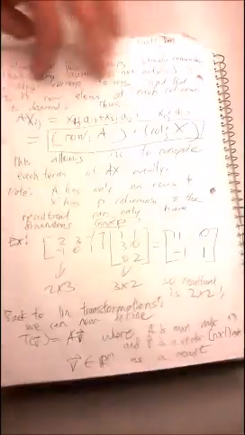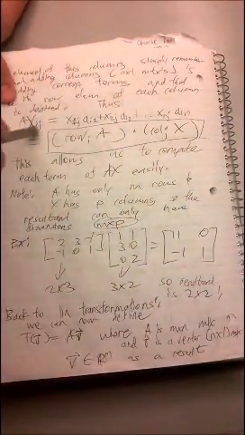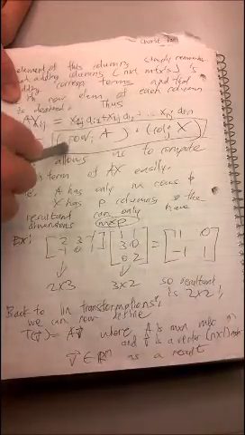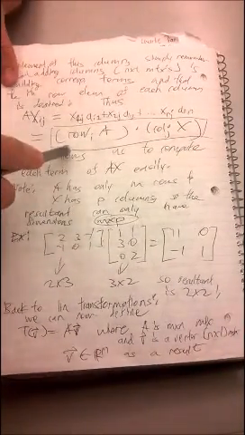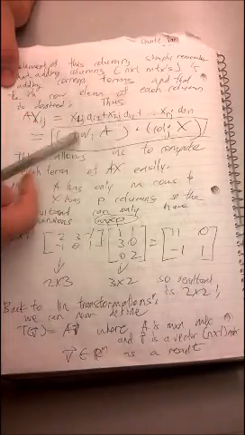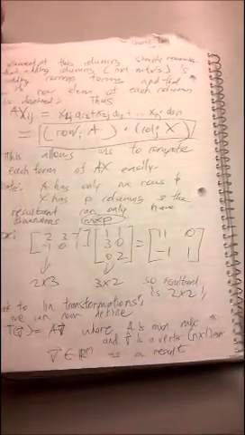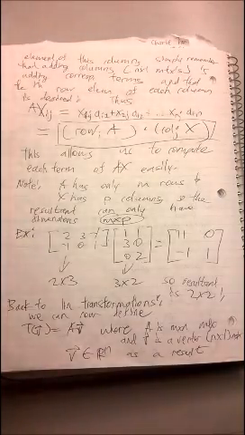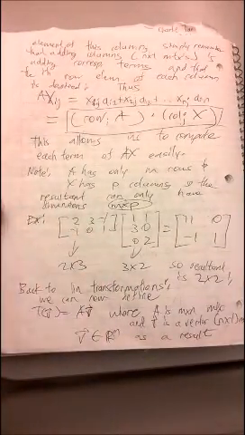But here, these are actually entries, so we can treat this exactly like a dot product. So the ijth entry of AX is row i of A dot product column j of X. That's an easy way to memorize another iterative process where you go through each element, and so it's an easier calculation. You can do it term by term.